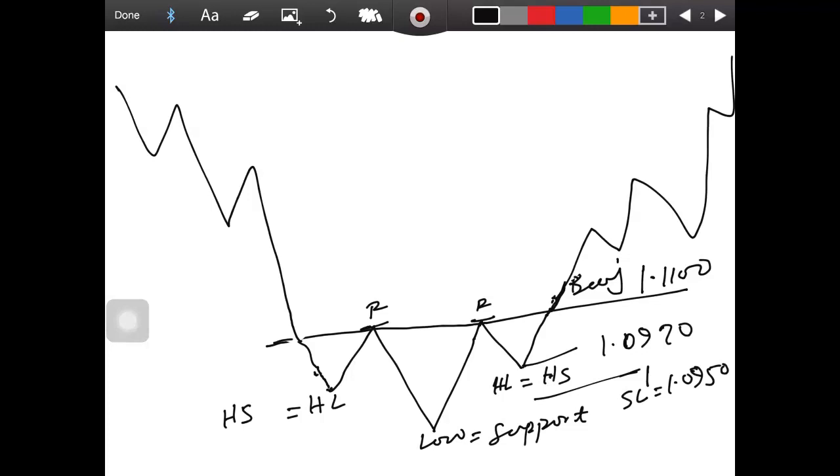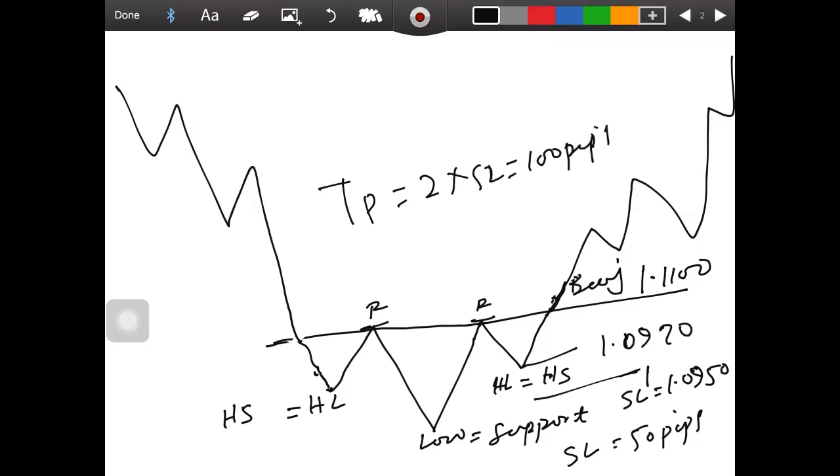So your stop loss from 1.0950 to entry of 1.1100 is equal to 50 pips. You can make your take profit equal to 2 times stop loss, which is 100 pips, or 4 times stop loss, which is 200 pips. That is simply how it works.